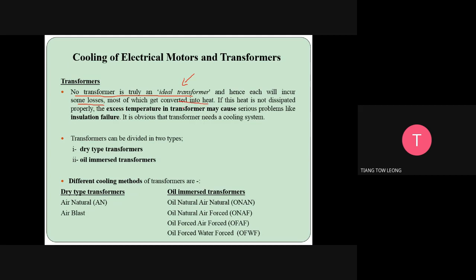For example, when we switch on our charger and charge our handphone, the charger itself is actually a transformer. Our laptop adapter is also a transformer. When we switch it on for quite some time, it becomes very hot. How is it reduced? It uses convection.